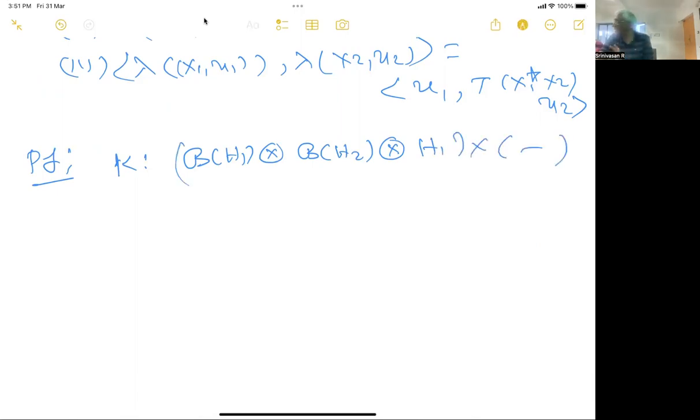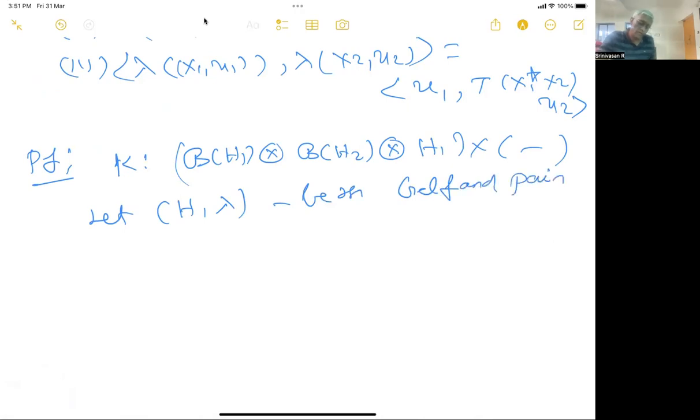You have a positive definite kernel. So you get H. Let H and lambda naught be the Kolmogorov-Gelfand pair.